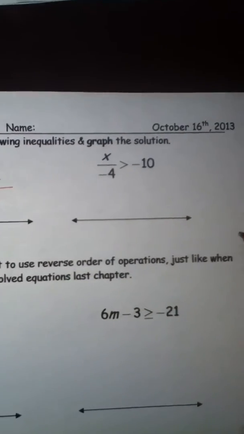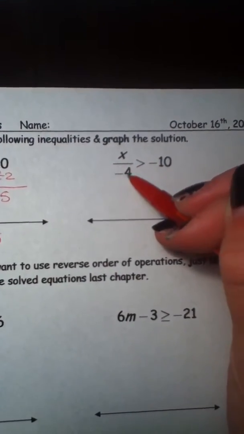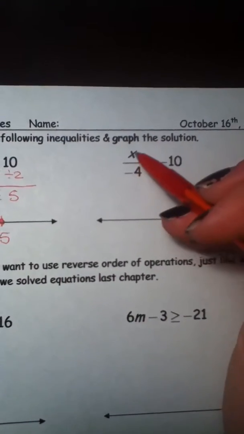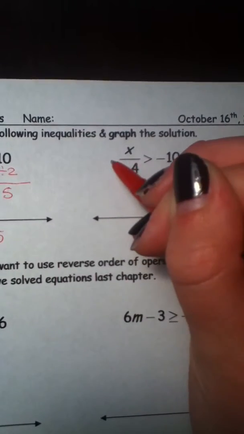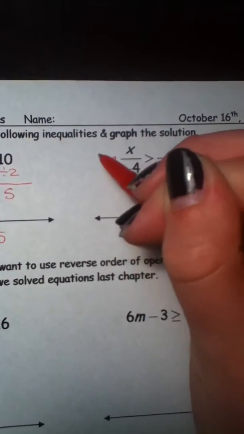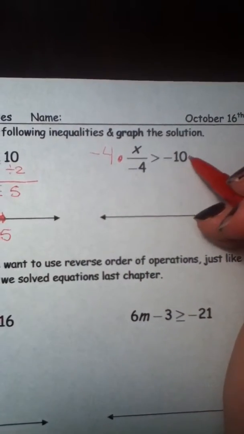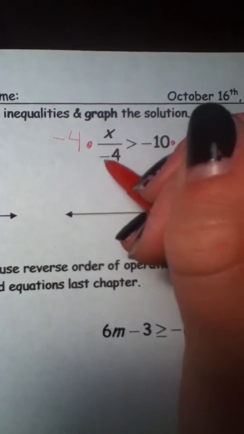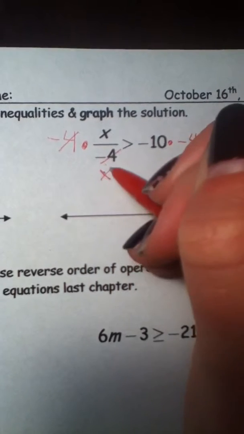Alright, next one. We've got x divided by -4. I want x by itself. Right now it's being divided by a -4. Opposite operation. Multiply by a -4 on both sides of this equation. Okay, our 4's divide out, we're left with x.